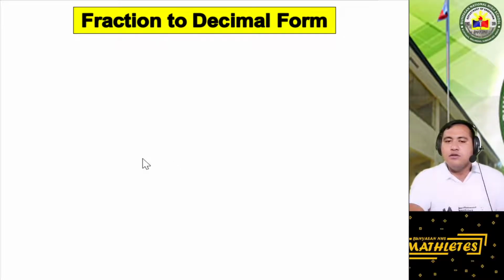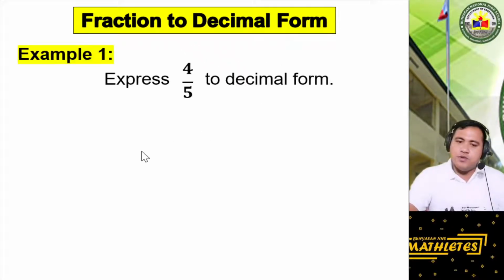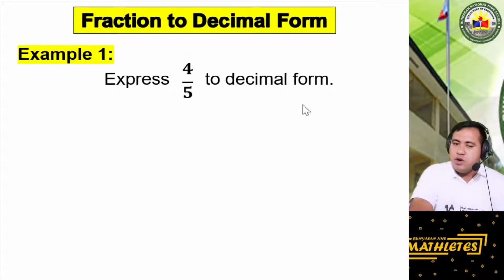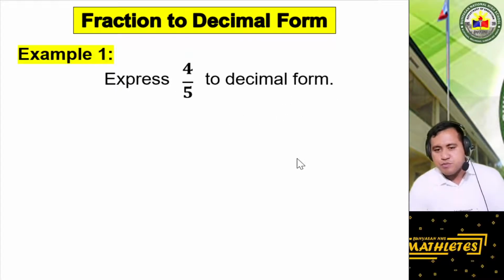So, let's now first tackle fraction to decimal form. Express fraction to decimal form. Okay, for example, number 1, express 4 over 5 to decimal form. 4 over 5 is a proper fraction, and we are going to express it in decimal form.